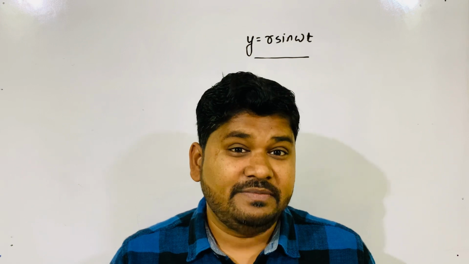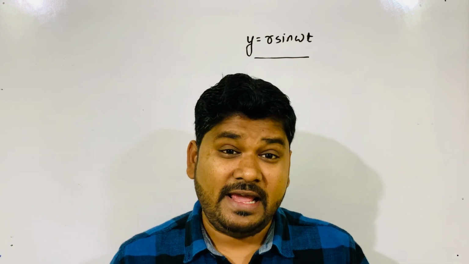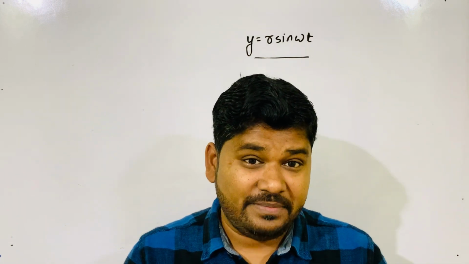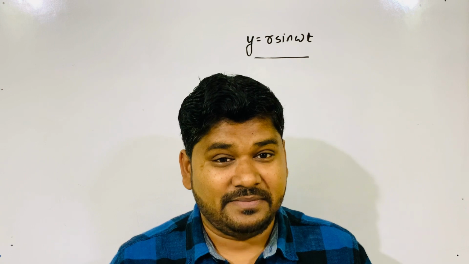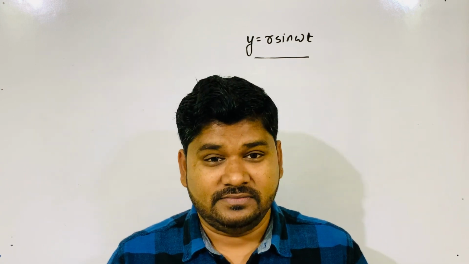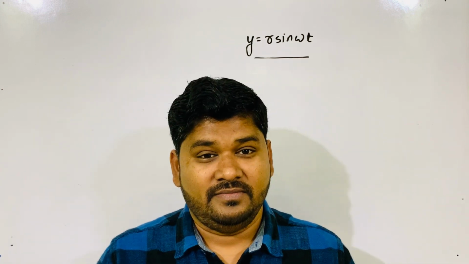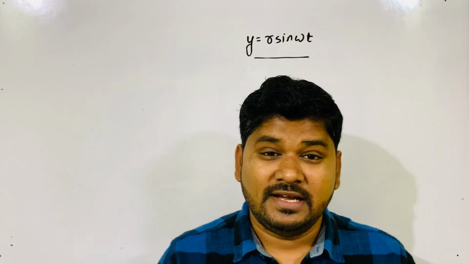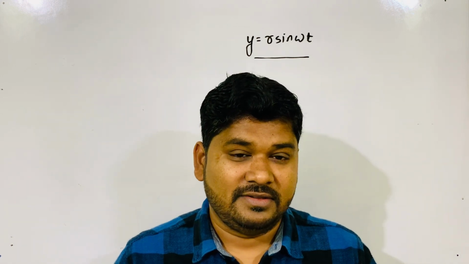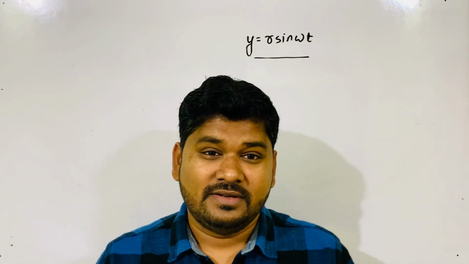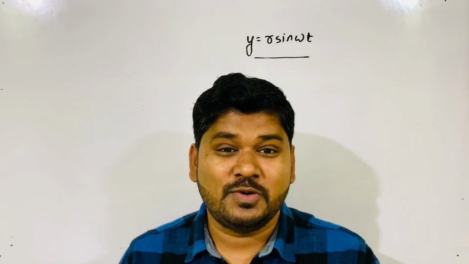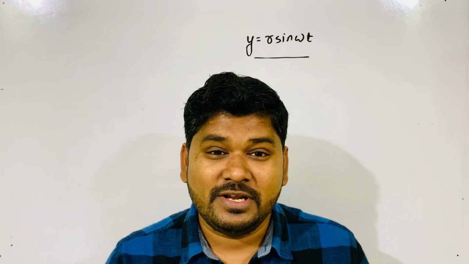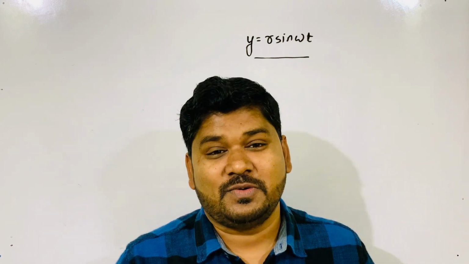We'll derive this equation again. But how? In the previous class we derived it from the differential equation, but today we'll derive it by doing an analogy, a comparison between simple harmonic motion and uniform circular motion.